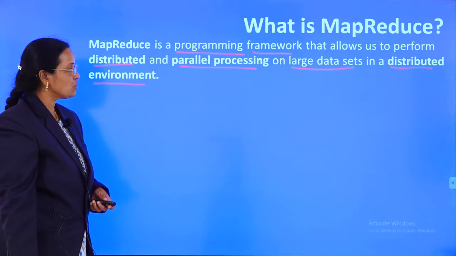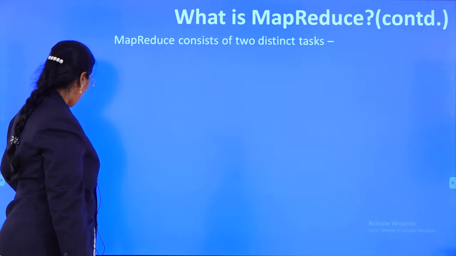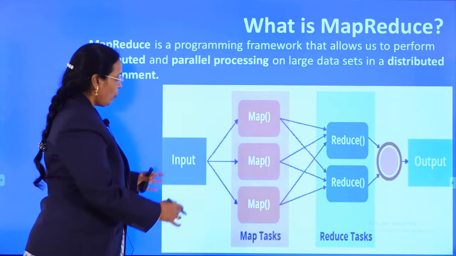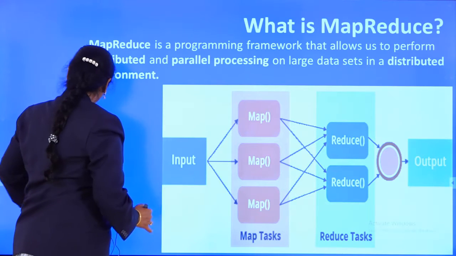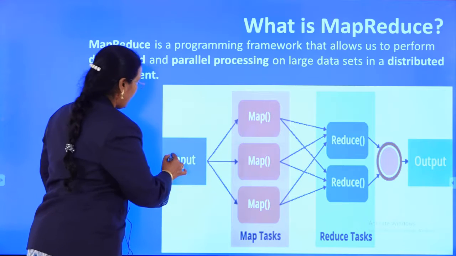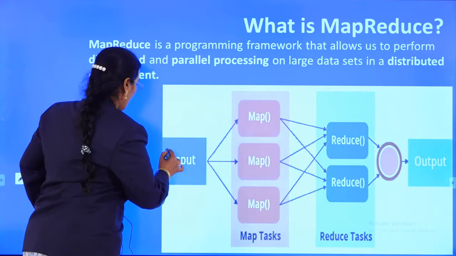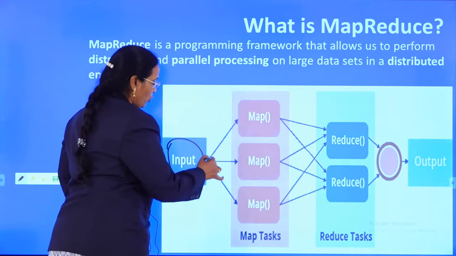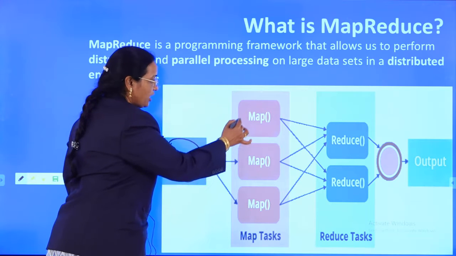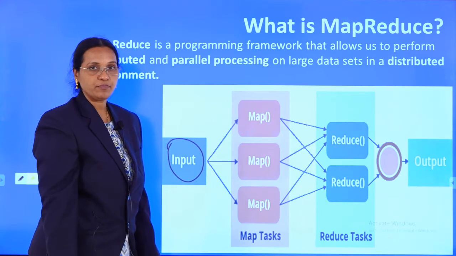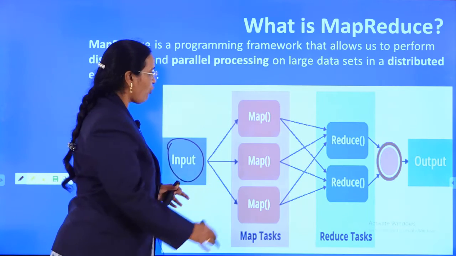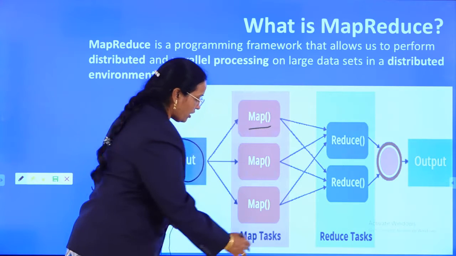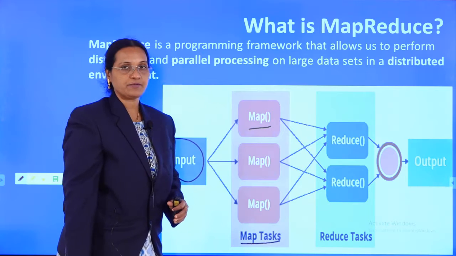This is how MapReduce works. The large data sets are given as an input to MapReduce, and to process these large data sets there will be n number of map phases. These map phases are performed by using the map functions or map methods, and all together we call them map tasks.